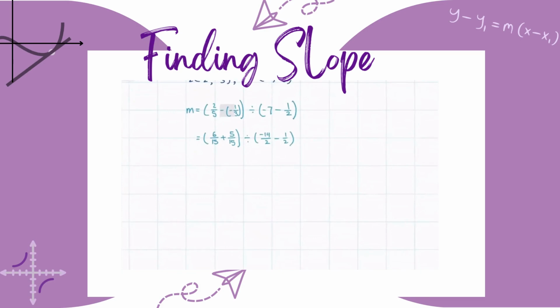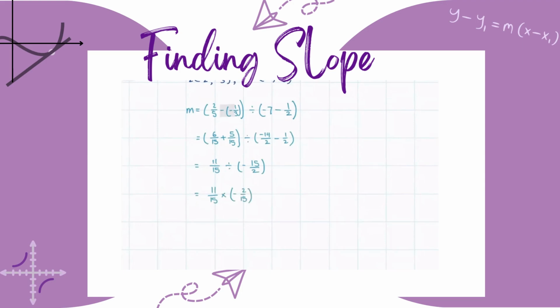Then we simplify this. So we get 11 over 15 divided by negative 15 over 2. And we know we can't divide fractions, so I'm going to switch the numerator and the denominator. That becomes 11 over 15 times negative 2 over 15.